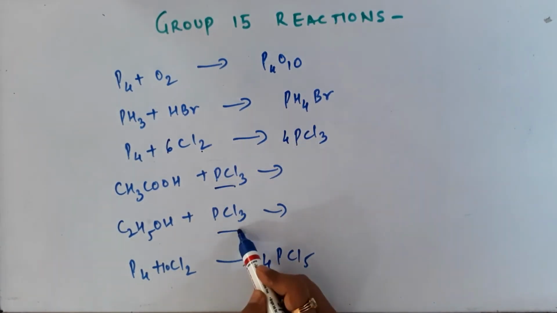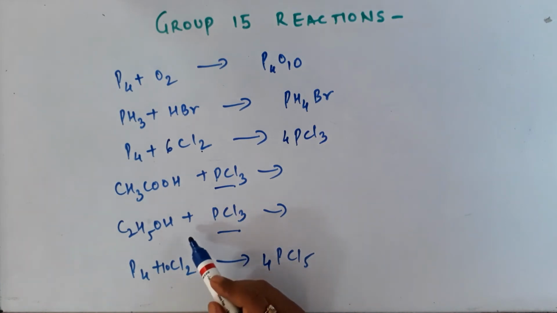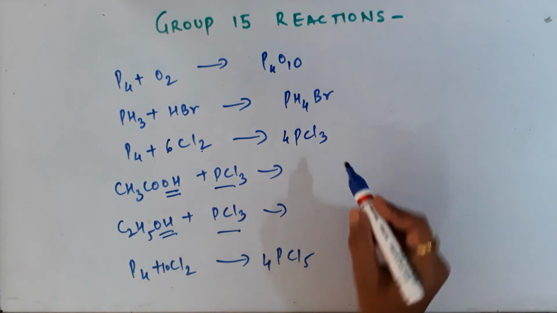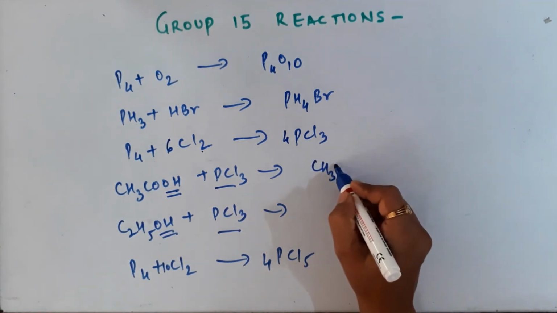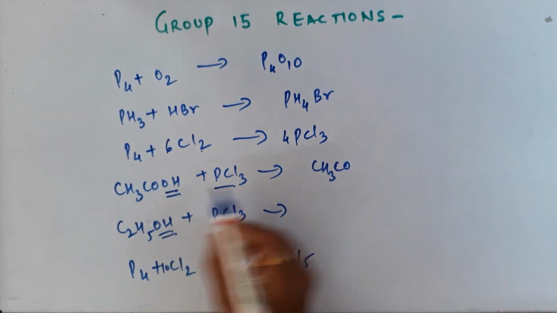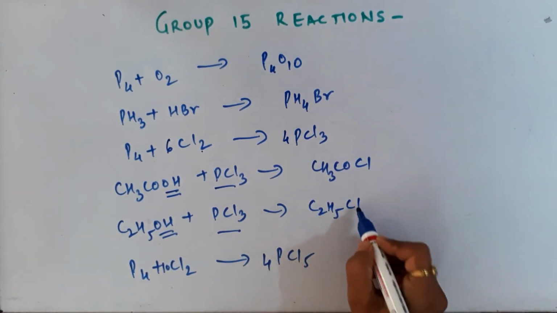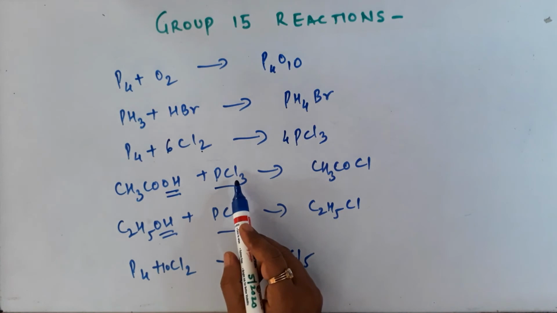PCl3 is a very good chlorinating agent. This we have done in the organic chemistry chapter. It will replace the OH, it will replace the OH. So we'll get CH3COCl, instead of OH, Cl. C2H5Cl, instead of OH, Cl. And what is the other product you're going to get here?